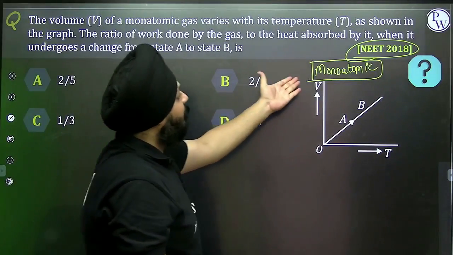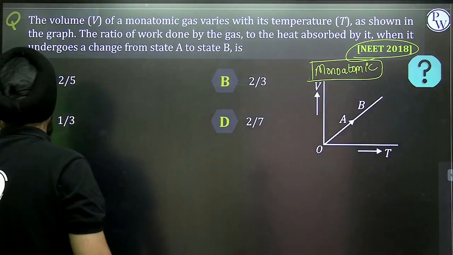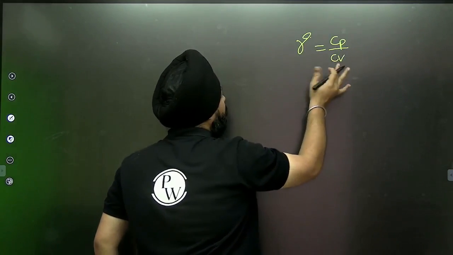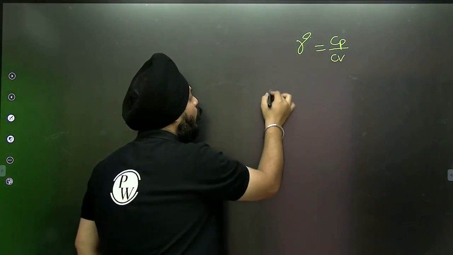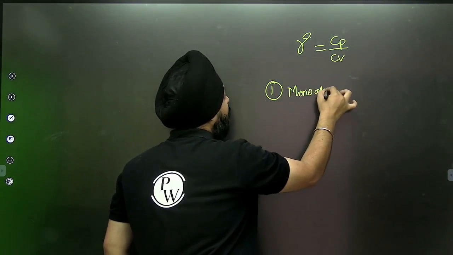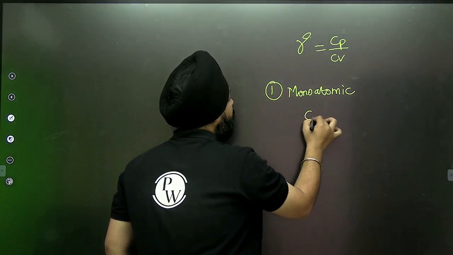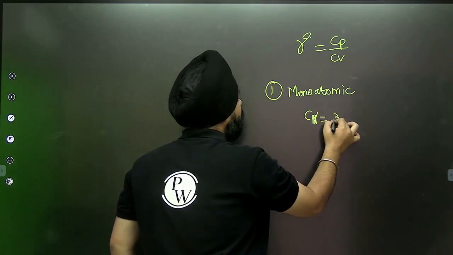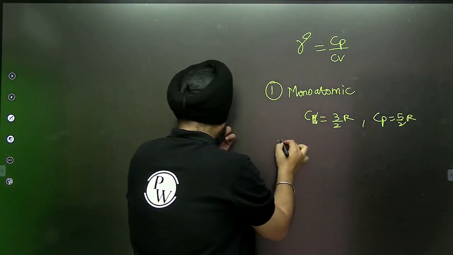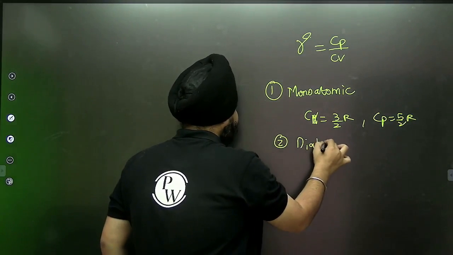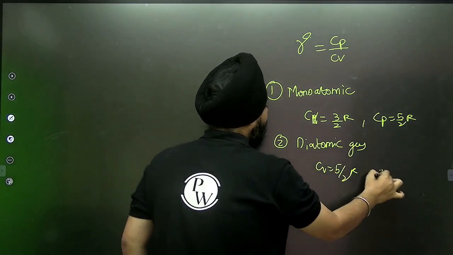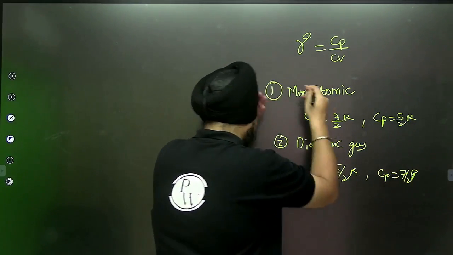So here, suppose it is a monoatomic gas. We have seen that the polytropic index gamma is equal to Cp by Cv. This you all are aware of, but I'm showing you in a quick way. For monoatomic gas, Cv is equal to 3 by 2 R and Cp is equal to 5 by 2 R. For diatomic gas, Cv is equal to 5 by 2 R and Cp is equal to 7 by 2 R. Generally these two are there.